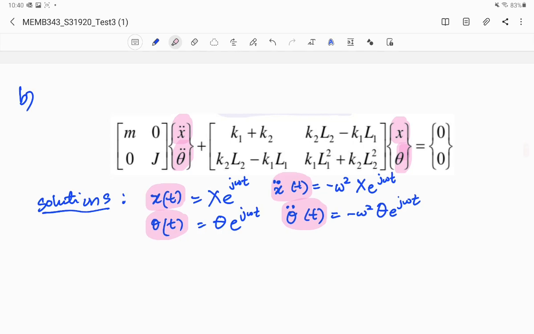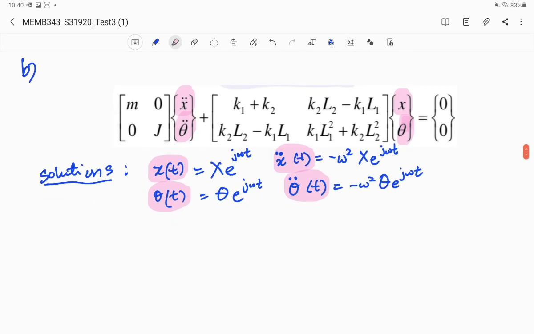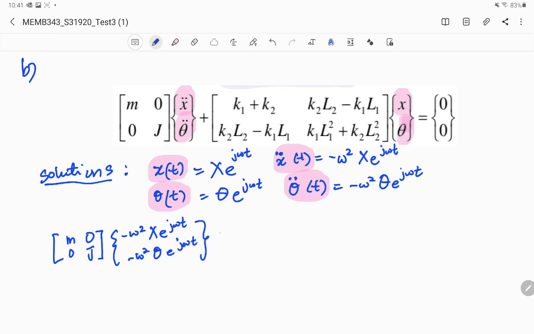Once you have that, you just substitute into the equation. Instead of x double dot, you write negative omega squared X e^(j omega t), and also you have negative omega squared theta e^(j omega t). Then you will need to do the rest.